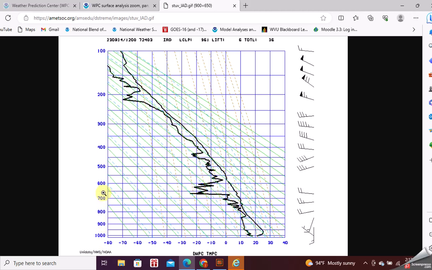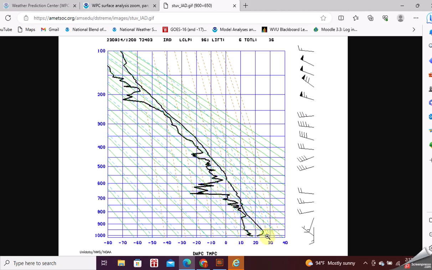If you go up higher, your pressure is going down. And off of that, I have plotted a temperature. The x coordinate across down here is temperature. The y coordinate is pressure. So with that, I have plotted a temperature here.